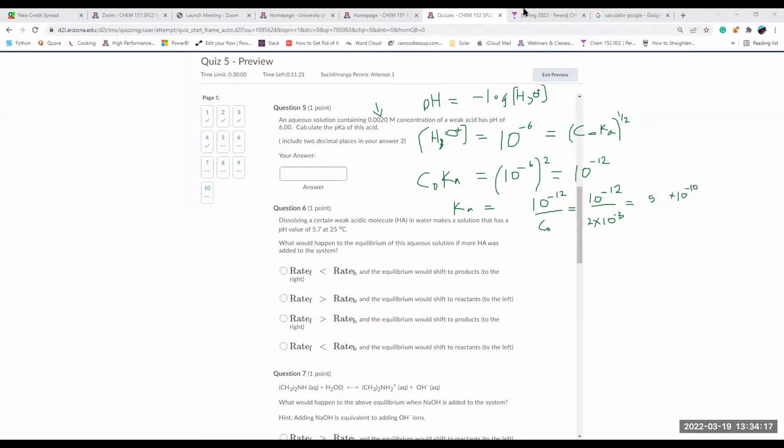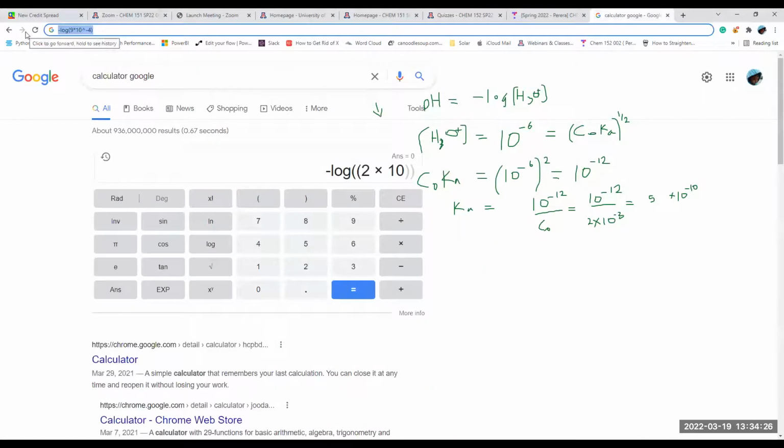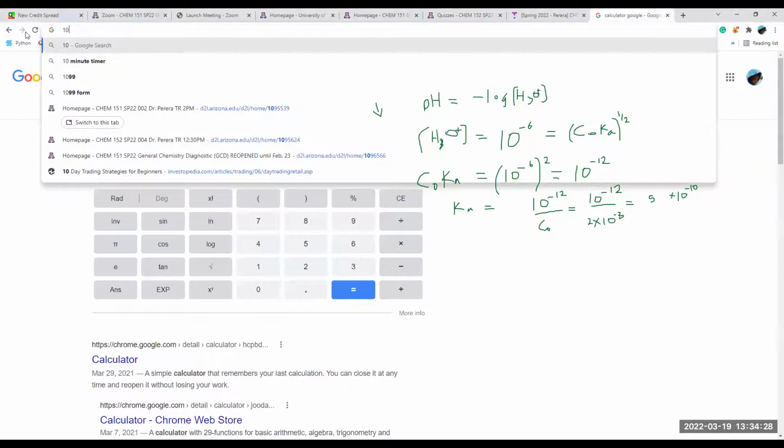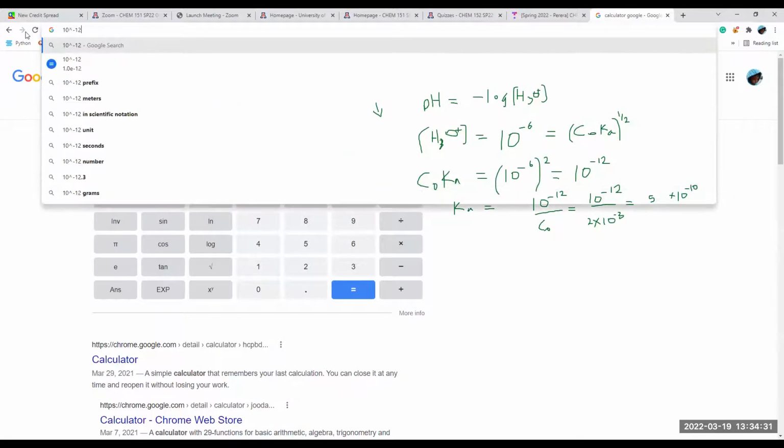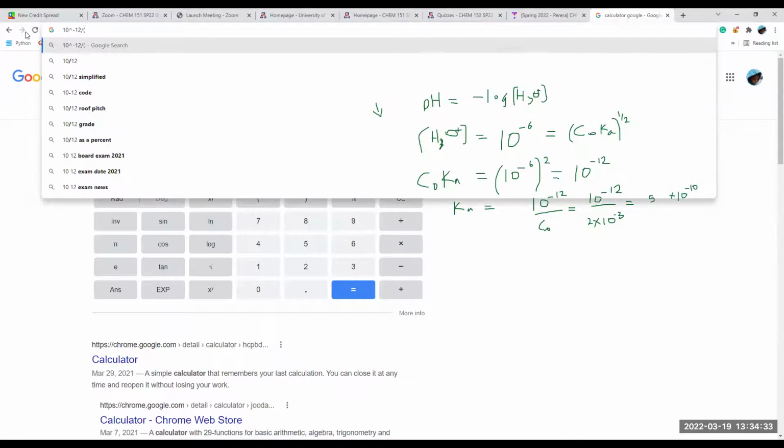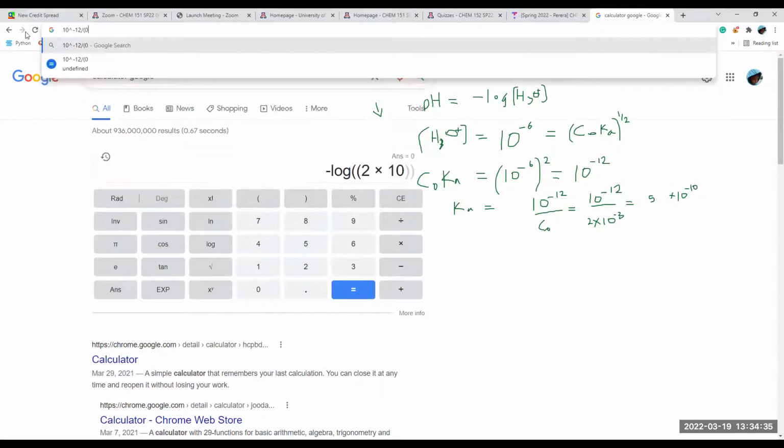You should check the calculation actually. Again, just to make sure everybody can follow me, going to Google Calculator, I divided 10 to the power of minus 12 by 0.002, and that gives me 5 times 10 to the power of minus 10. That's what I have here as my answer for the Ka.